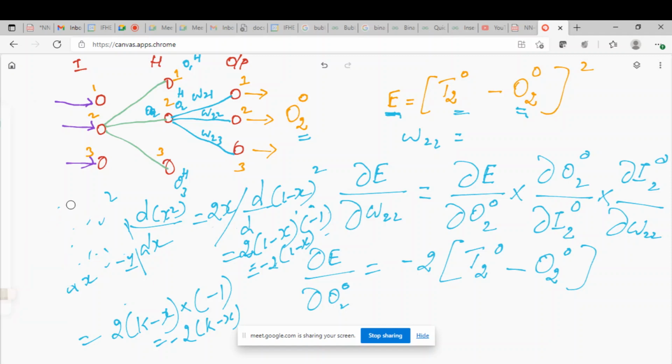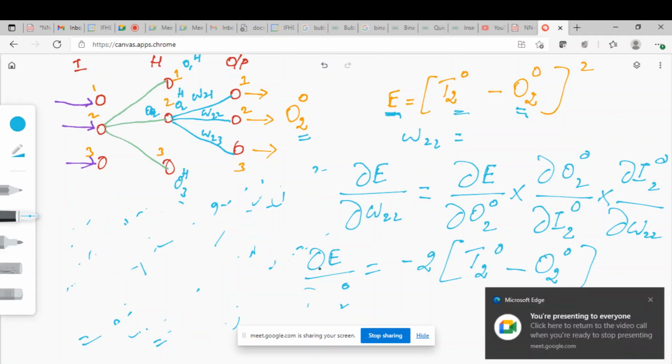That is how the actual values are found. And if we increase or decrease the weight, what will happen? This is the derivative of the error with respect to the output of the second neuron of the output layer.